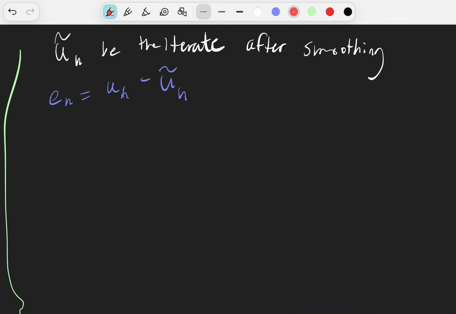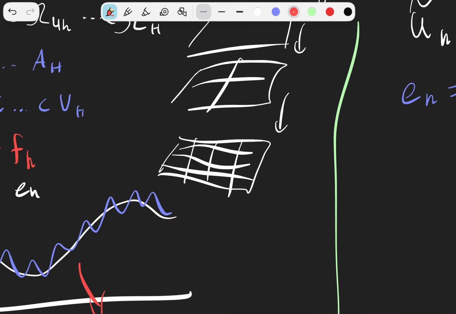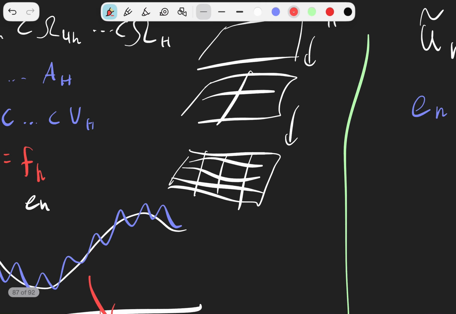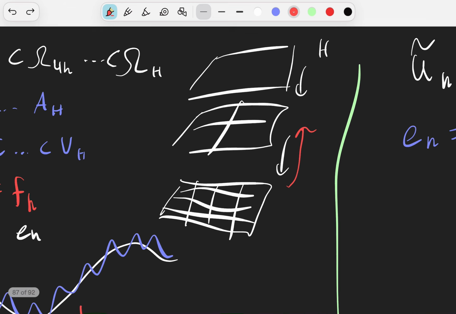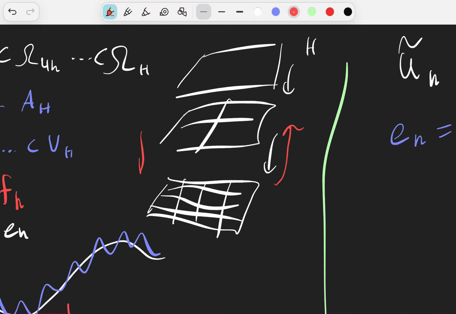And so what we can do is come up with an idea, right? Instead of continuing to smooth the fine grid, which is inefficient for smooth error, we can actually restrict the residual to a coarser grid, right? Whatever residual that we have, we then solve the same problem approximately on a smaller coarse grid, and then interpolate the coarse correction back to the fine grid.